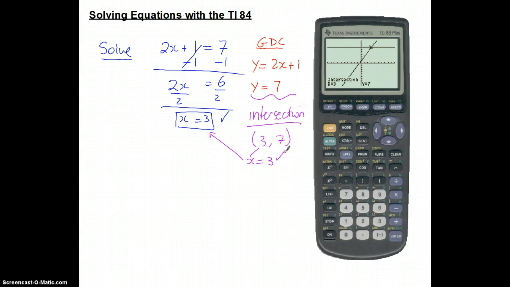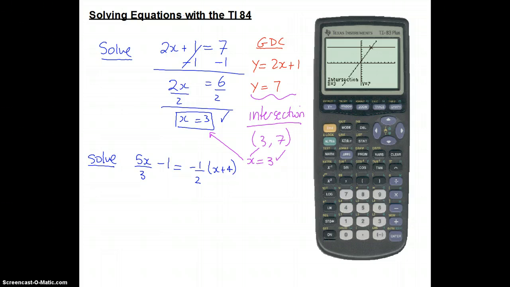All right, let's have a look at a little bit harder one. Now that was a pretty straightforward one. But if we had something a little bit messier like this, what about if we wanted to solve 5x over 3 minus 1 is equal to negative, let's say negative a half x plus 4. Now we'd be going through an awful lot of algebra there.